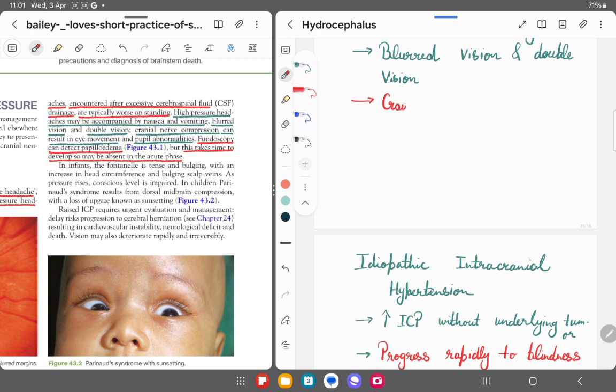If there is a cranial nerve compression, it can result in eye movement and pupil abnormalities.